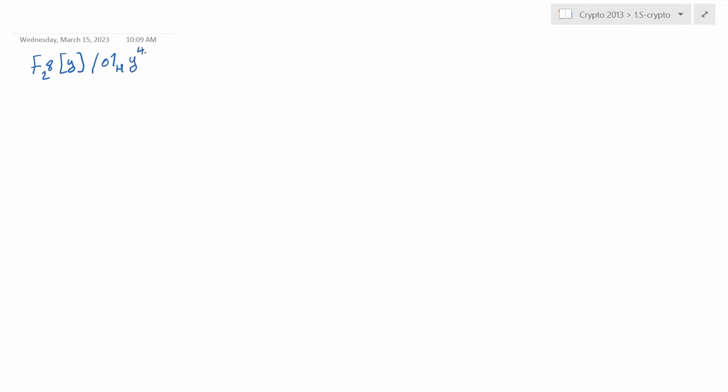So these are saying that all the polynomials over F(2^8) have degree less than or equal to 3.